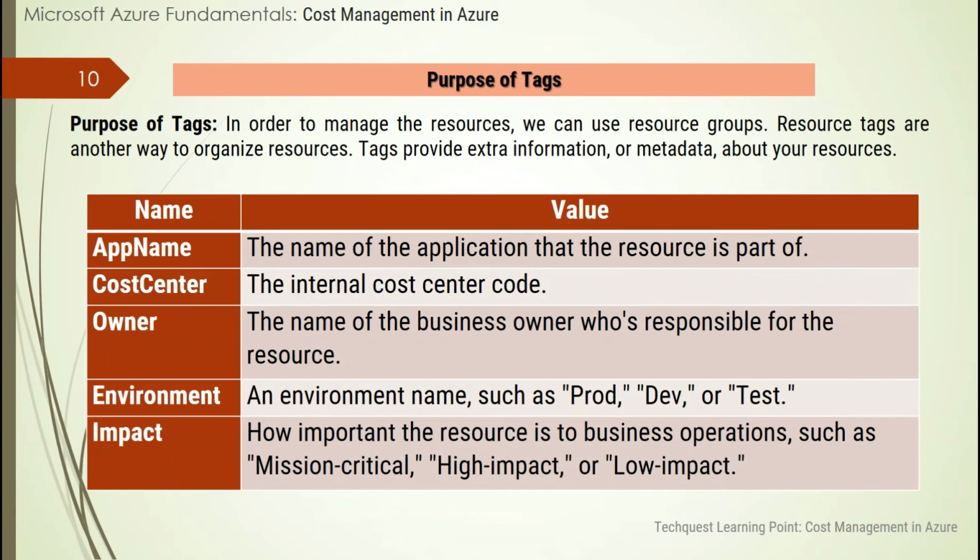Owner: the name of the business owner who's responsible for the resource. Environment: an environment name such as prod, dev, or test. Impact: how important the resource is to business operations, such as mission critical, high impact, or low impact.